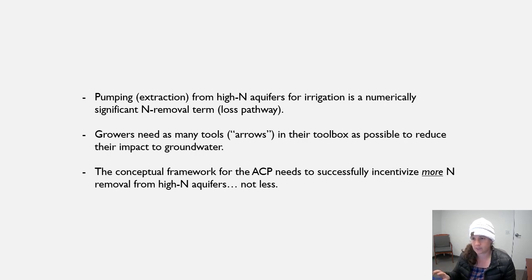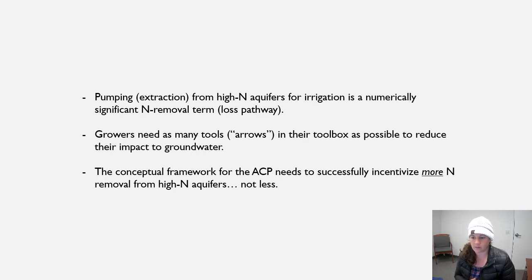And the reason I say that is because of growers who have basically told me that they are stopping the use of their high nitrogen wells, and they're going to go dig the deepest, cleanest, lowest nitrogen well they can so that they're not penalized for the nitrogen in their irrigation water by the A-R equation.